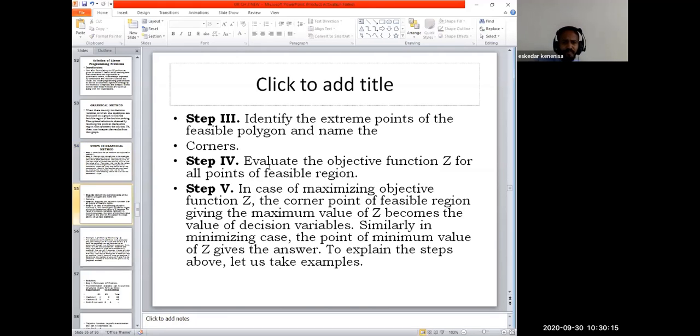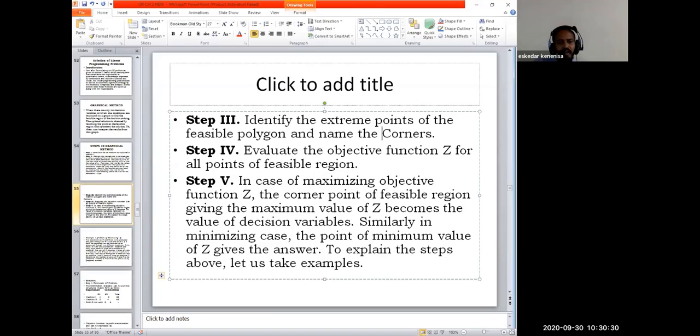Then step 3: find the extreme points of the feasible area, which are called corner points. Step 4: evaluate the objective function z at these corner points.